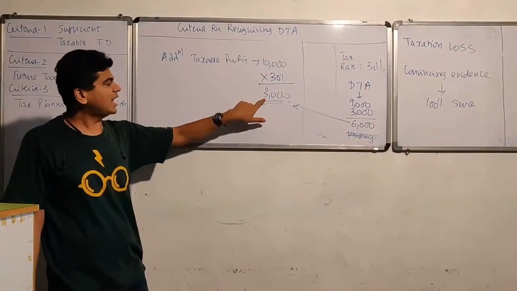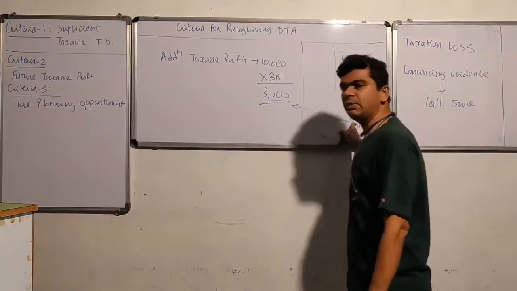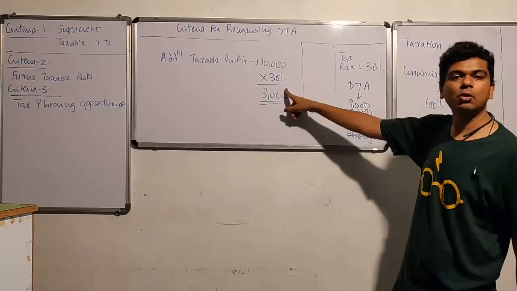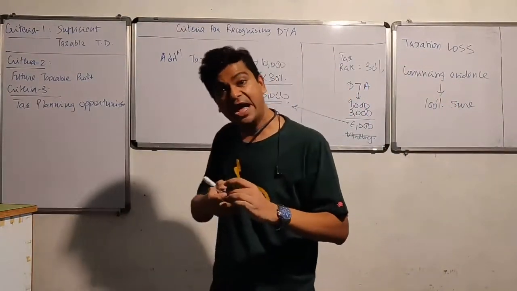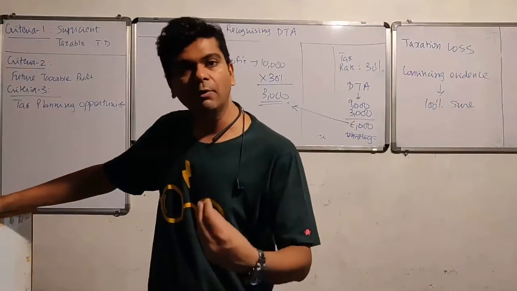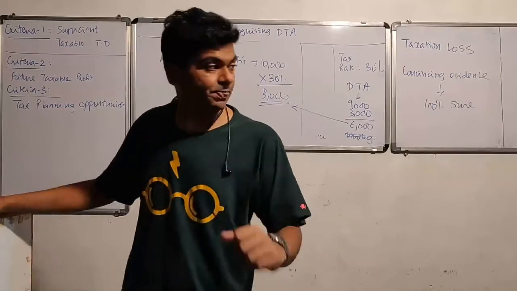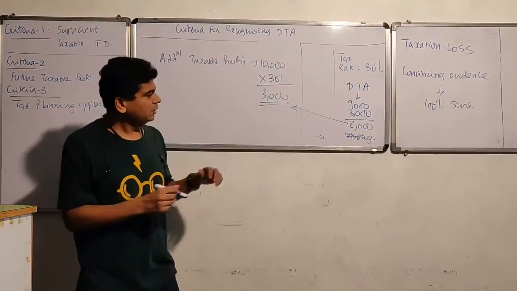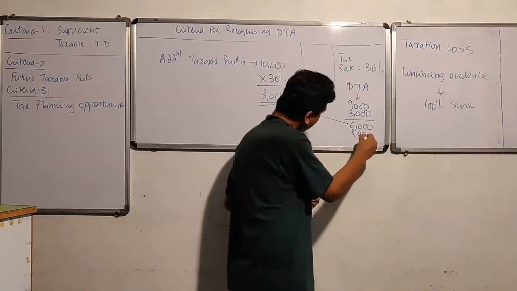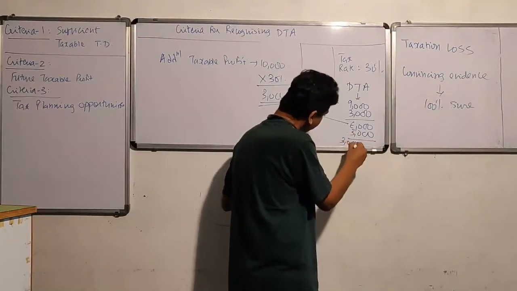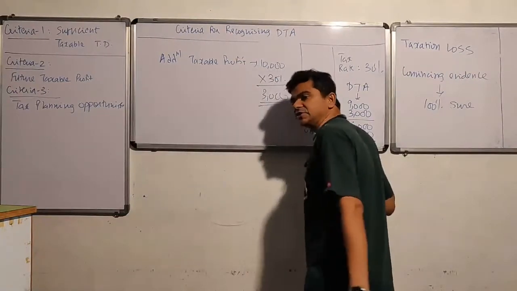Now I realize I'll have to pay 3,000 rupees of extra tax, but because I have a deductible temporary difference, I will claim it over here. And the moment I claim that deductible temporary difference, I will be able to save tax. The moment you say I'm able to save tax, your DTA has got realized. So I will recognize further DTA of 3,000. So I'm finally left with another 3,000, which is still remaining unrecognized.